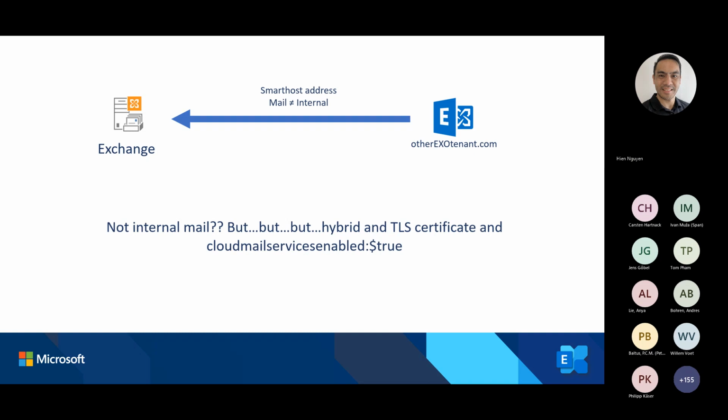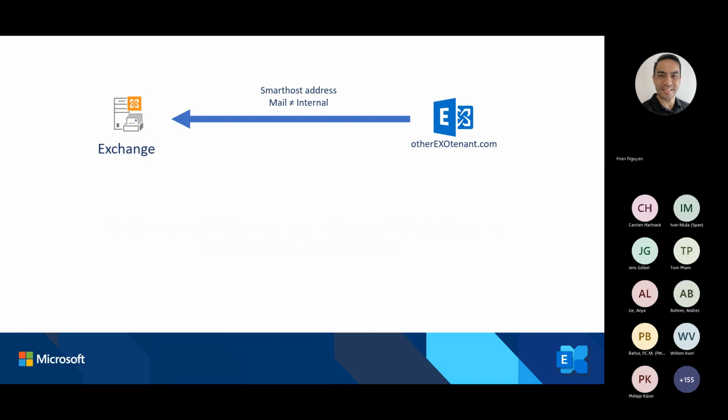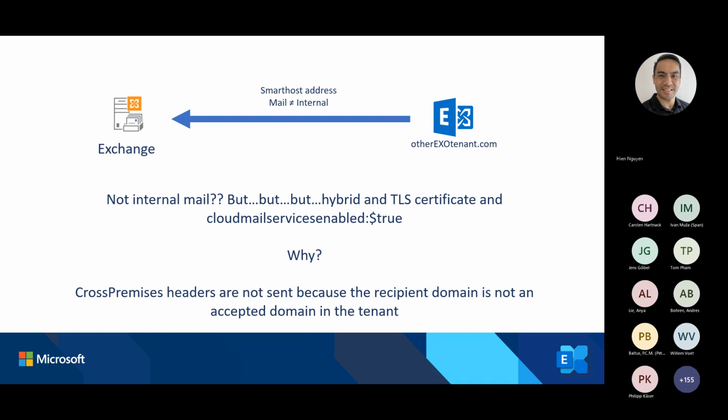Even though we have hybrid, we have the TLS certificate and cloud mail services enabled is true, the cross-premises headers are not sent because the recipient domain is not an accepted domain in the tenant. So they'll be able to send mail directly to Exchange environment, but because it's not in the list of accepted domains in their own tenant, those headers are not set.